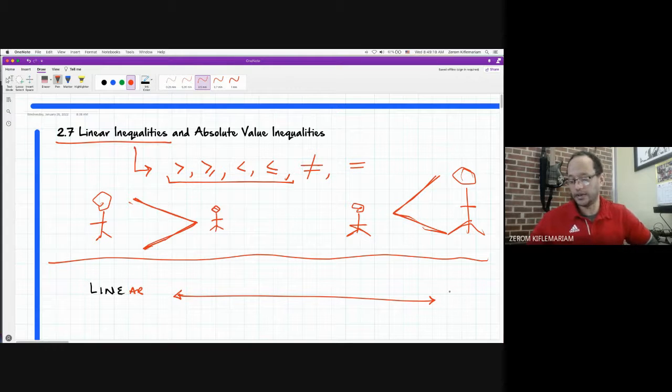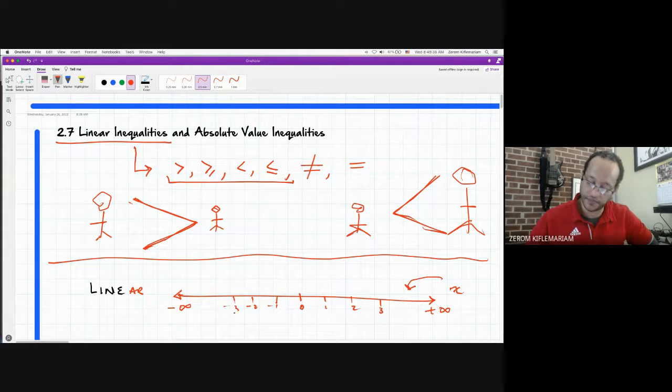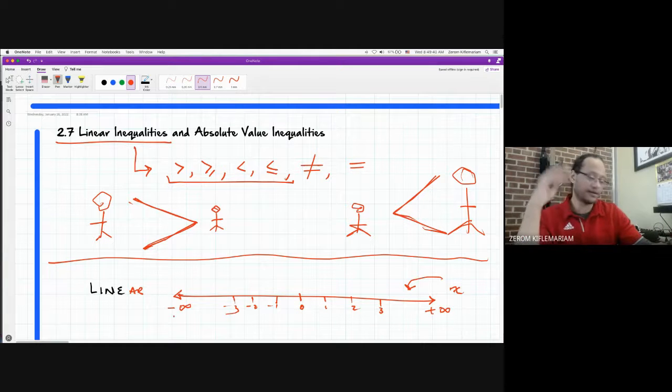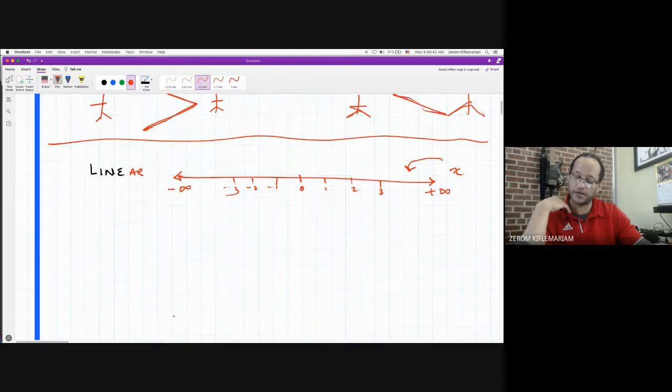If we are dealing with x, this entire line is known as x. It goes from negative infinity all the way to positive infinity. Traditionally we start from 0, 1, 2, 3, and then it goes on to -1, -2, -3, and so on. Before that, let's go with some comfort zone kind of questions.